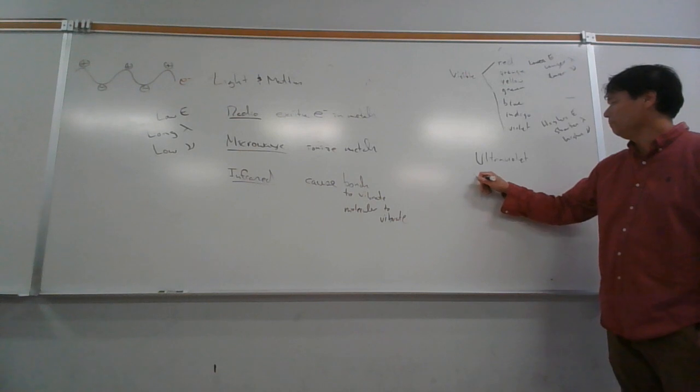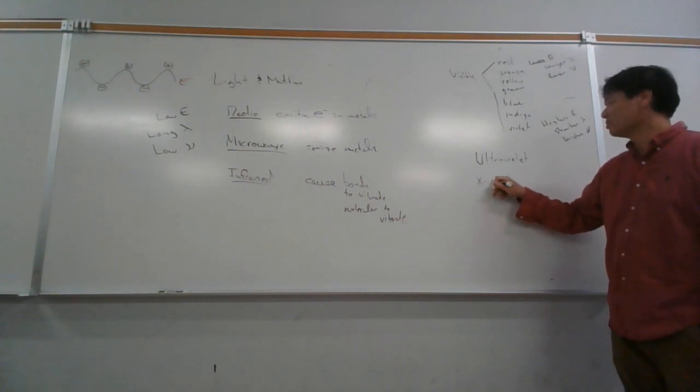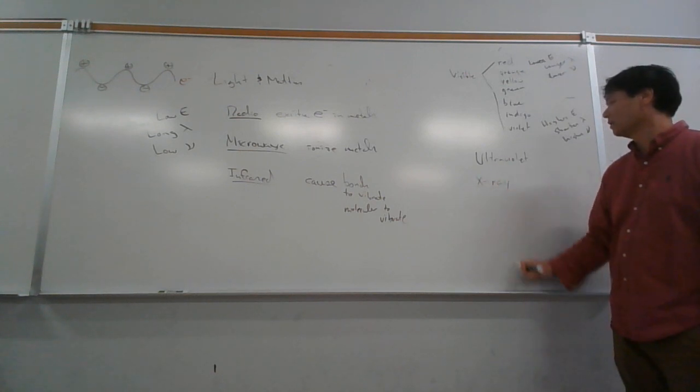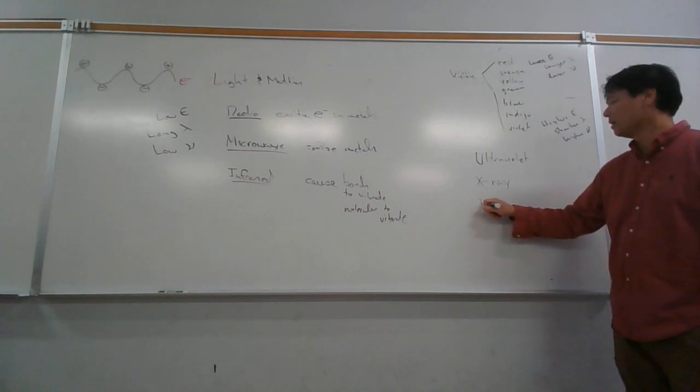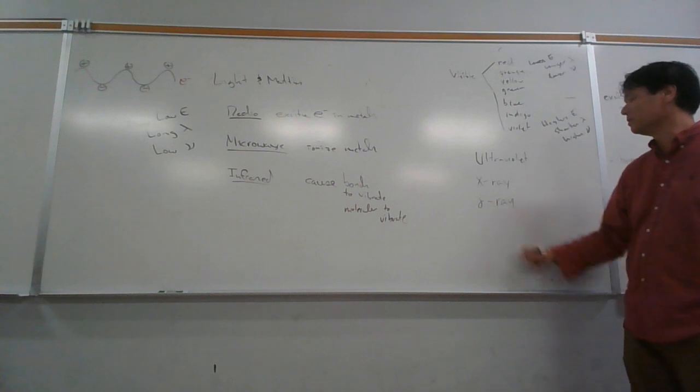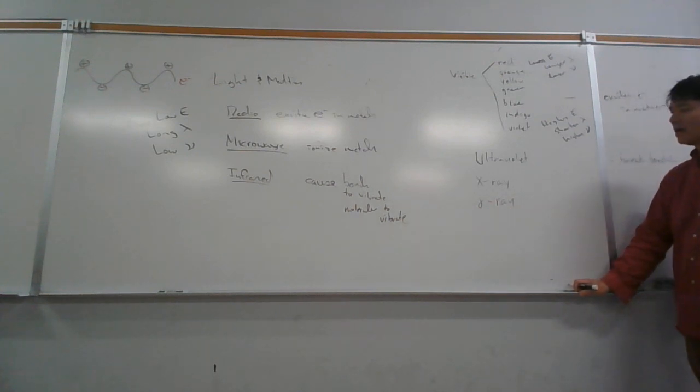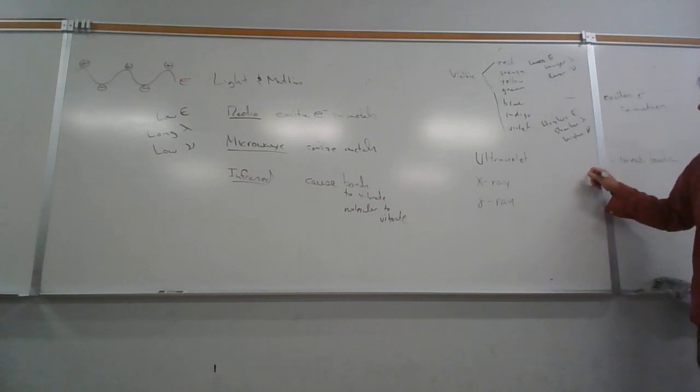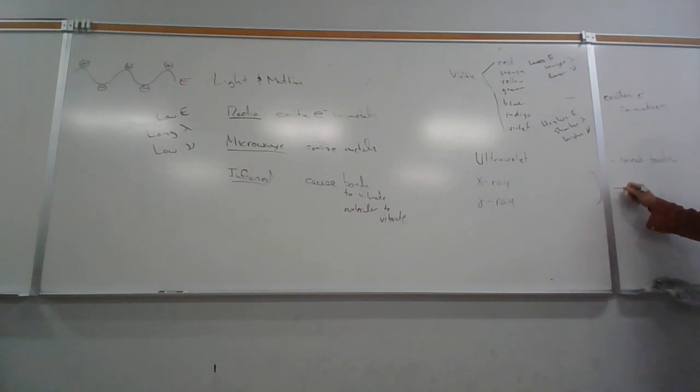Higher energy than ultraviolet is X-ray, and even higher in energy than X-ray is gamma ray. Gamma is given this symbol, or you can spell it out, G-A-M-M-A. X-rays and gamma rays ionize matter, not just metals, but all matter.